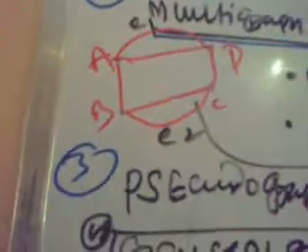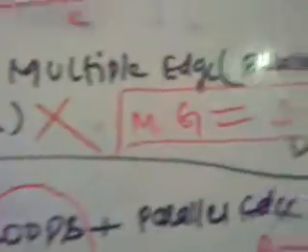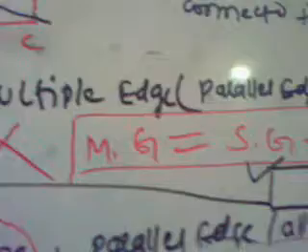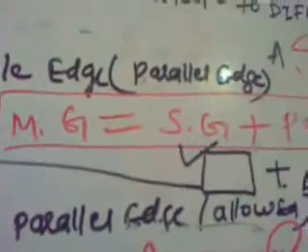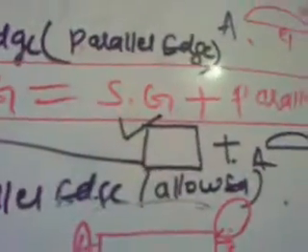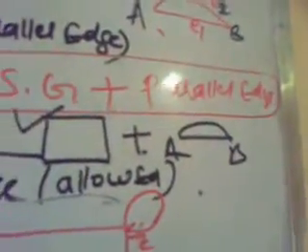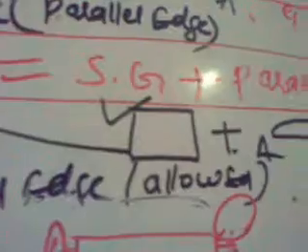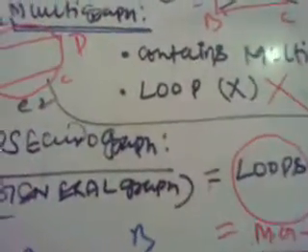This is AB, and these are the parallel edges E1 and E2. So a multigraph is a simple graph plus parallel edges. It must contain parallel edges, it is compulsory.